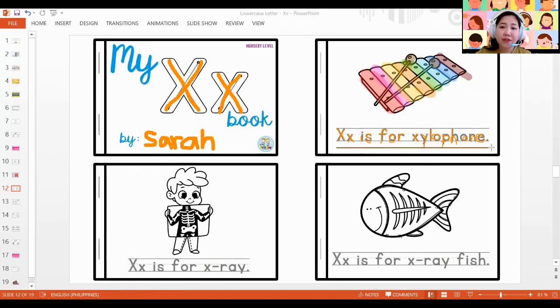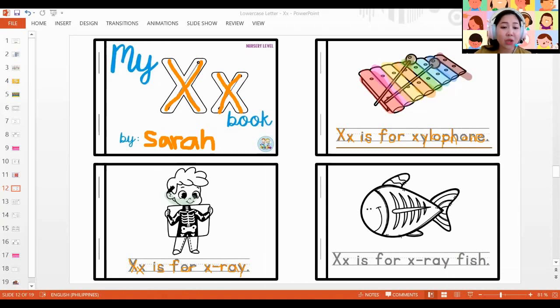Next one, for our next page, we have X is for X-ray. Remember, the X-ray is when the doctor takes a picture of your bones. And why does the doctor need to take a picture of your bones?